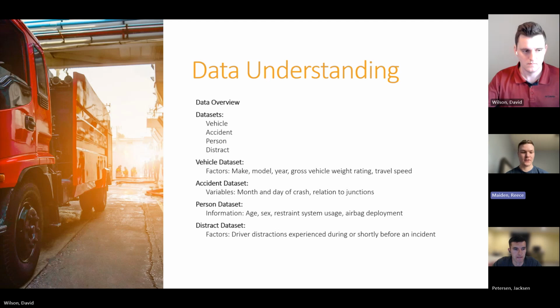The person data set covers information regarding the individuals in the incident or accident. Examples of the variables include age, sex, restraint system usage, or airbag deployment. And then the final distract data set is just one variable, and it consists of distractions experienced during or shortly before an incident.